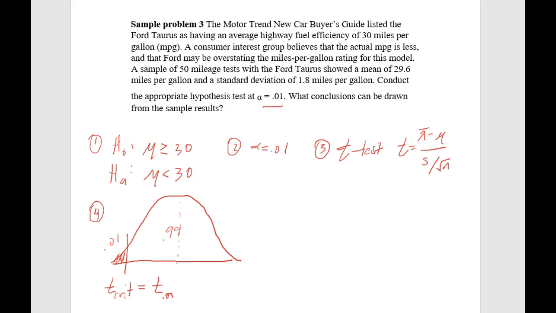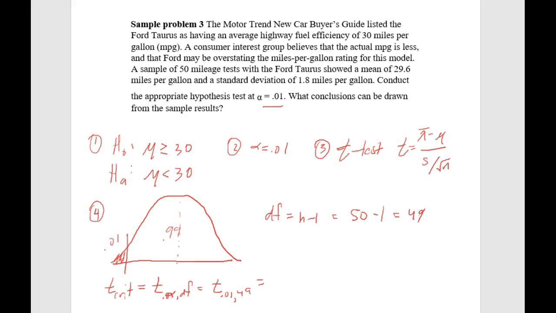So here I'll just write, rather than 0.01, alpha df, which is equal to t of 0.01 in the degrees of freedom. Do we remember what degrees of freedom is? Degrees of freedom is just n minus 1. It's just the sample size minus 1. So in that regard, it's going to be 50 minus 1 equal 49. So it's going to be t of 0.01 comma 49.